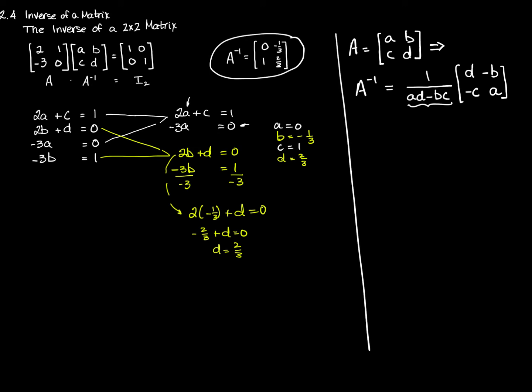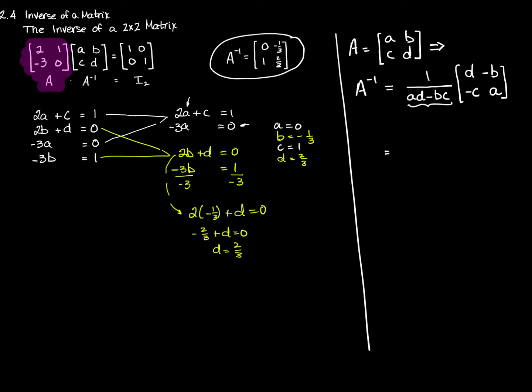So let's go ahead and do that for our matrix A here. We're using this matrix A because we want to test this algorithm to see if we get the same result as we did here. In that case, my A is 2, my B is 1, my C is -3, and my D is 0.